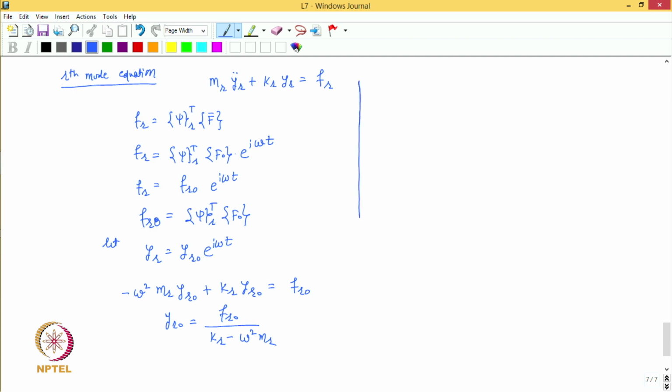If I substitute Fro here, then what do I get? I get psi r transpose f naught divided by kr minus omega square mr.